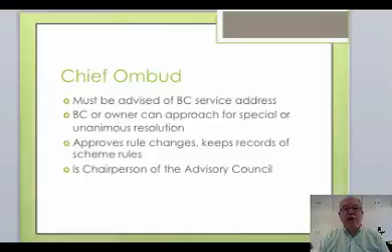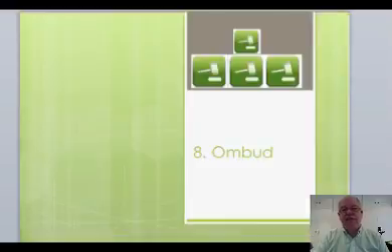The Chief Ombud approves rule changes, approves the original rules that the developer puts in, and then approves all changes that the body corporate makes by special or unanimous resolution to those rules. So those rules will be examined now, as they were prior to 1997, and the Chief Ombud will keep records of scheme rules. And the Chief Ombud also is the chairperson of the Advisory Council, which will advise the Minister in regard to the regulations and changes to the Act from time to time.